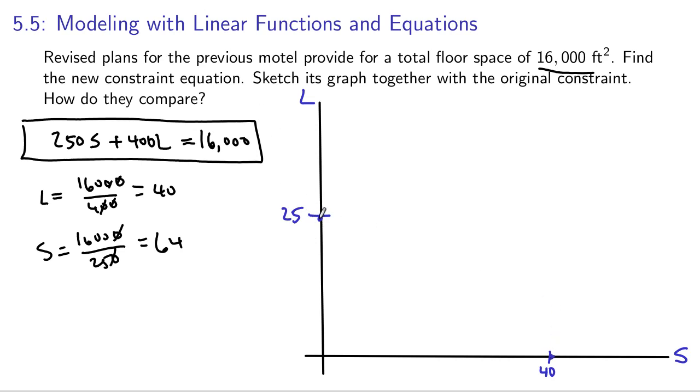This is our original equation, the original line. So now we use red: 40, so here's 20 roughly, double that's roughly here, 40, and we have 64. 20, 40, 64 small rooms.